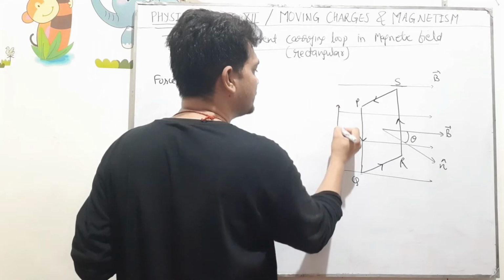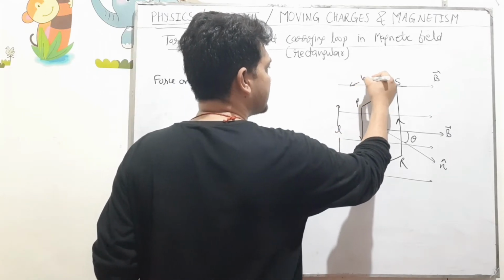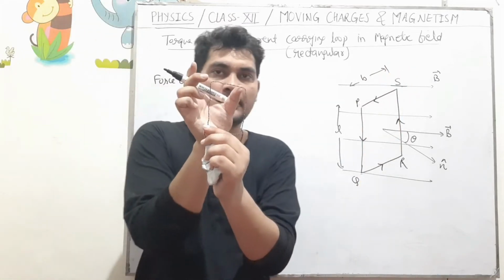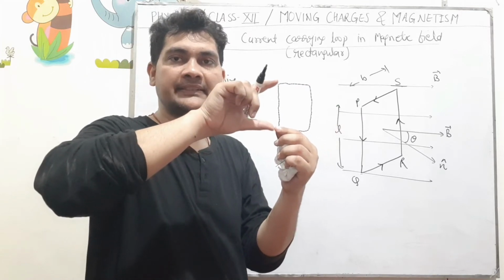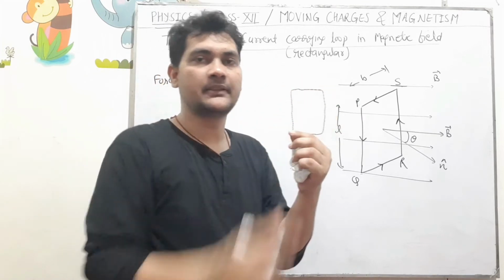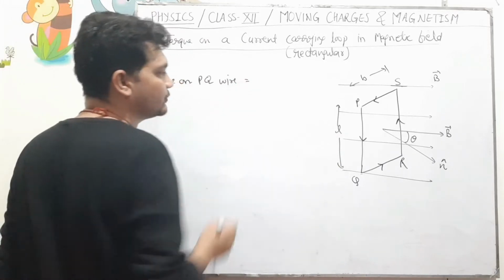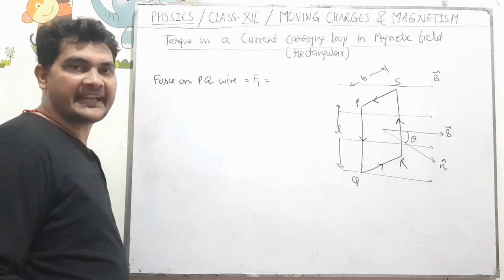Suppose the length of PQ is L and the length of PS is small b. So this is length L and this is width b. What is the force on wire PQ? Suppose this force is F1 and it is given by BIL sin theta.